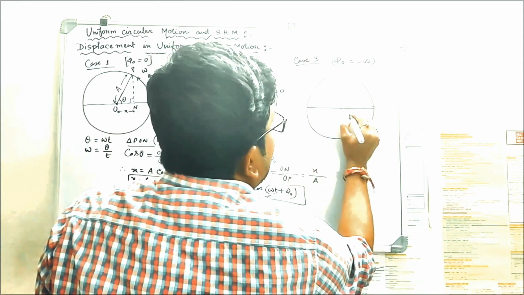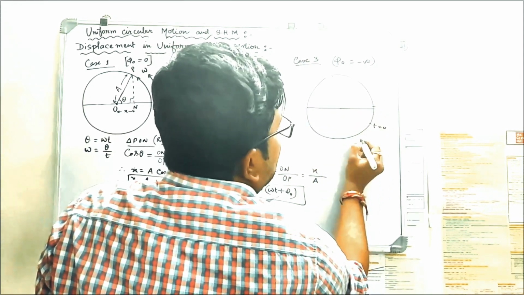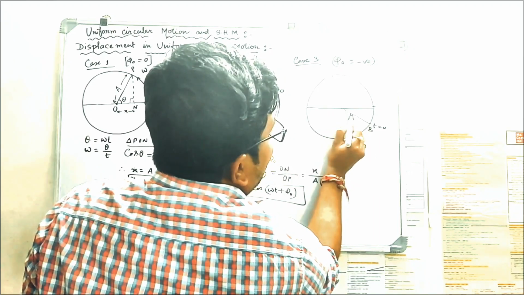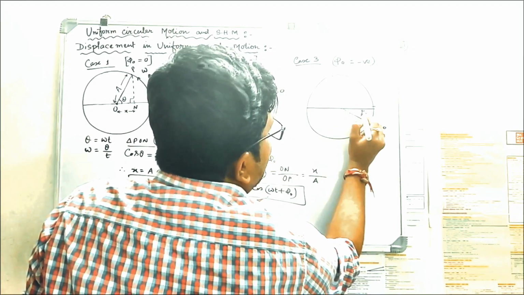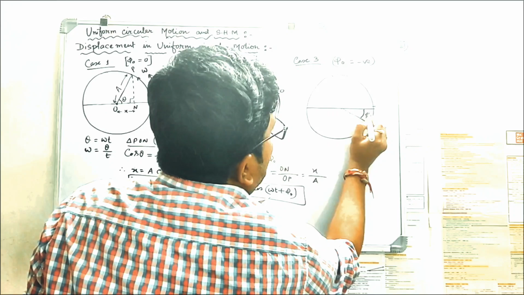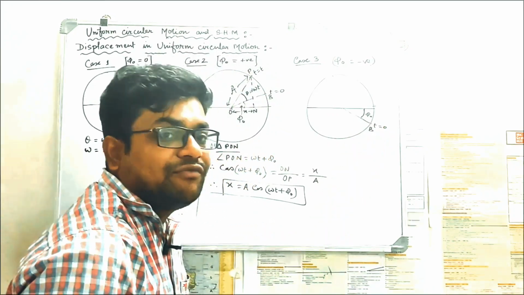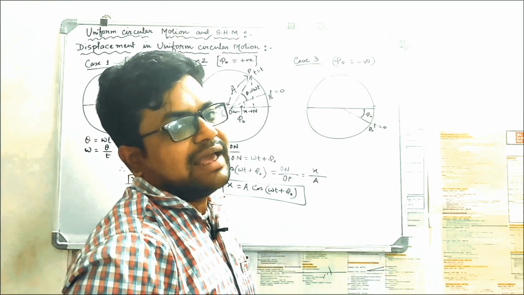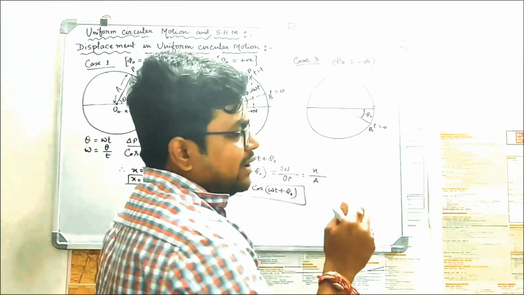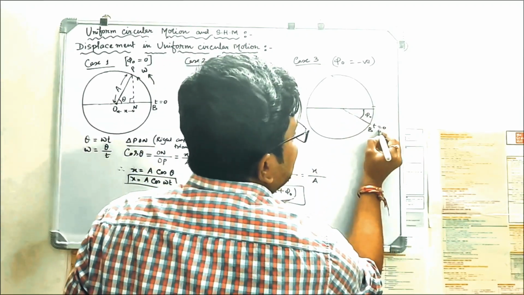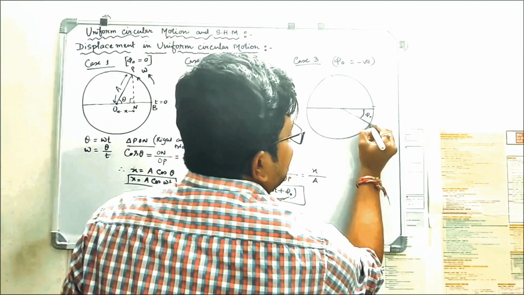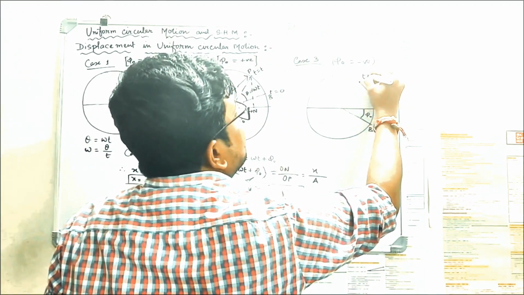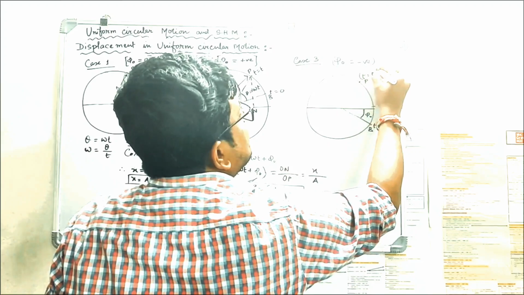The particle at t equals 0 is at point B, and this is phi naught, but it is a negative phi naught because a clockwise angle is known as a negative angle. Now due to the circular motion, at time t the particle reaches this point P.